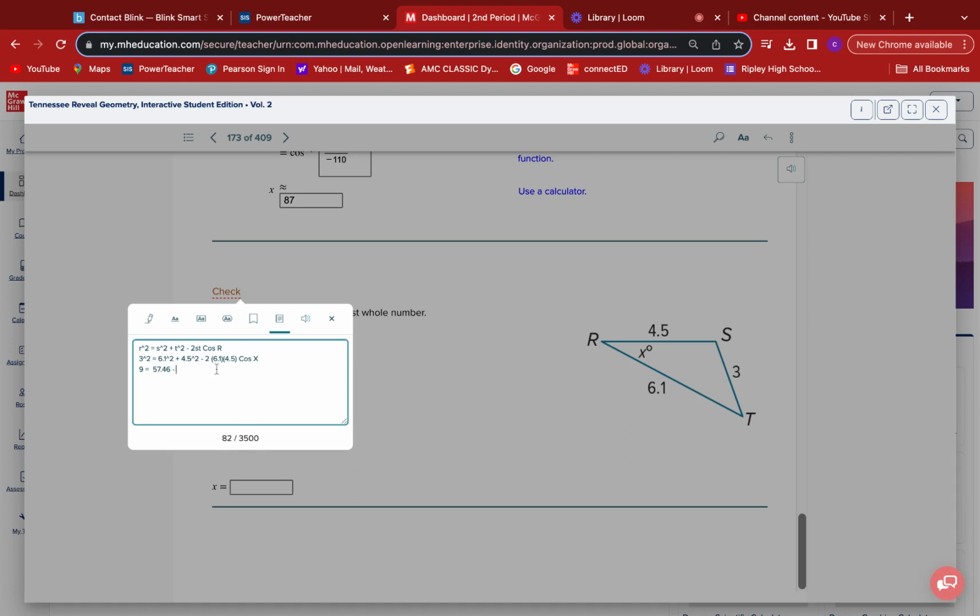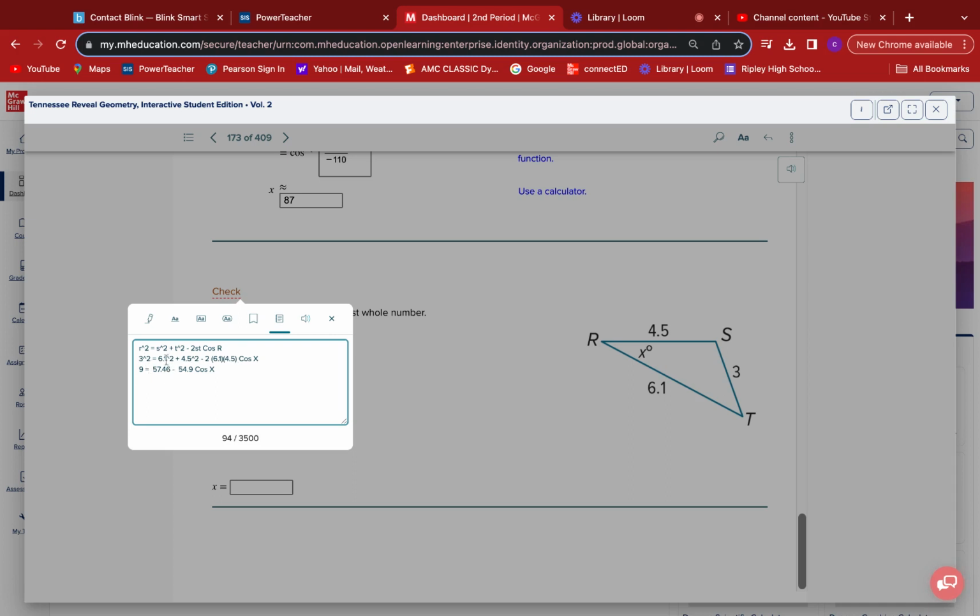All right, now I'm going to do the stuff that's behind the minus. 2 times the 6.1 times the 4.5. Just this, 2 times 6.1 times 4.5, and that ends up being 54.9 times the cosine of X. Okay. I'm going slow enough.